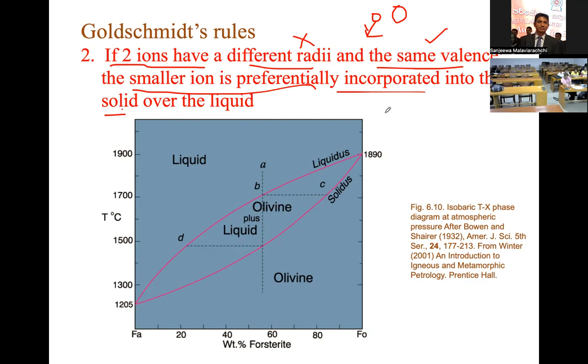But it doesn't happen that the element goes to only one phase. The element goes to both phases, but the amounts are different. In the previous case, it was the same proportion, because they were of the same size and the same charge. Here the charge is the same, but the size is different. So the small one will preferentially go into the solid. This is what happens in melting. For example, you can see here, sorry, you have liquid.